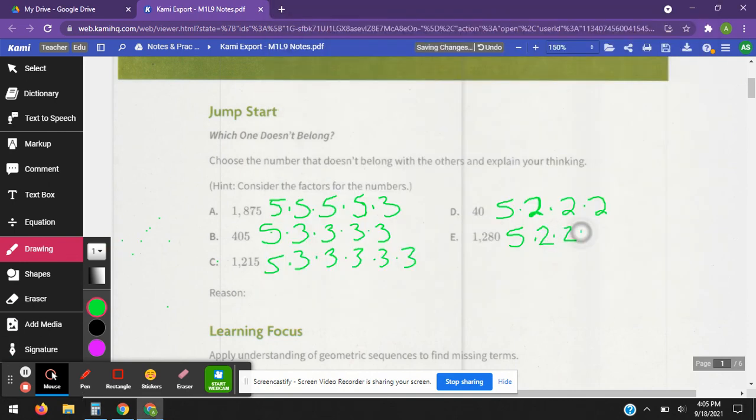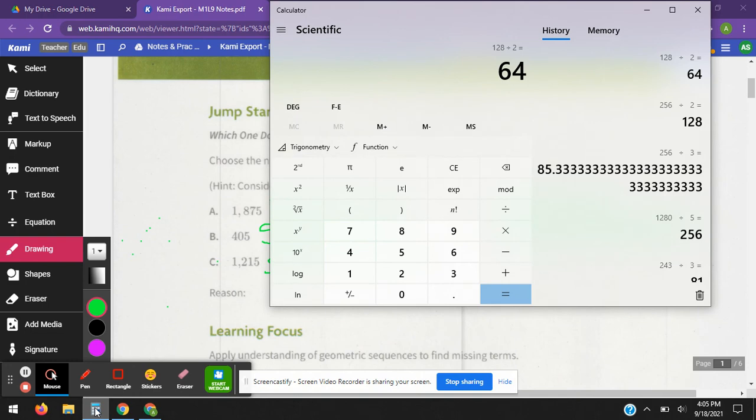64 divided by 2 is 32. Divided by 2 is 16. Divided by 2 is 8. Divided by 2 is 4. Divided by 2 is 2. 1, 2, 3, 4, 5, 6, 7. So let's see what 2 to the 7th times 5 is. Let's see if we did that one right.